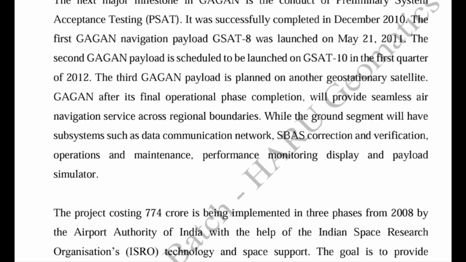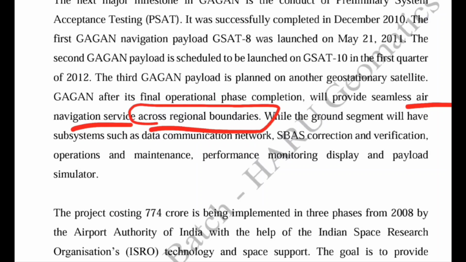So Gagan, after its final operational phase completion, will provide seamless air navigation service across regional boundaries. We know that every GNSS system has application in aviation, so similarly Gagan will also help for the air navigation service across the regional boundaries.